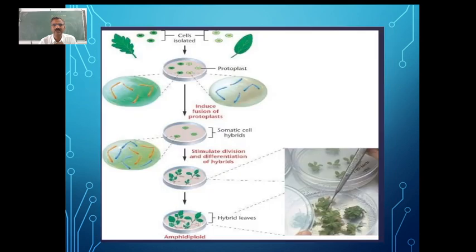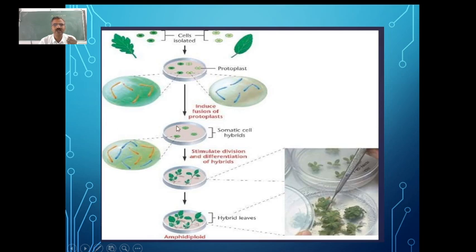So let us see how exactly it is done. We can see the cells from both potato and tomato are separated, and the cell wall is digested by using cellulase, the cellulose digesting enzymes, and then the protoplasts are exposed and both the protoplasts are brought together in this case.